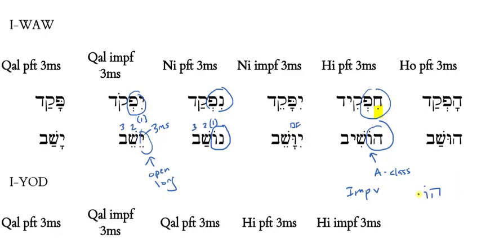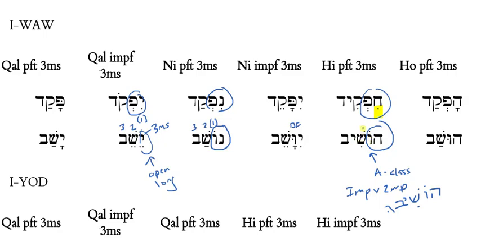Well, let's start with the 2ms. Hoshev is the 2ms. The uninflected form, as you remember, has the tsere here. But when I add vocalic endings, the tsere is going to revert to the irregularities that I am looking for with my hifil forms. So it would be hoshivu. Hoshivu. That would be the imperative 2mp in the hifil.